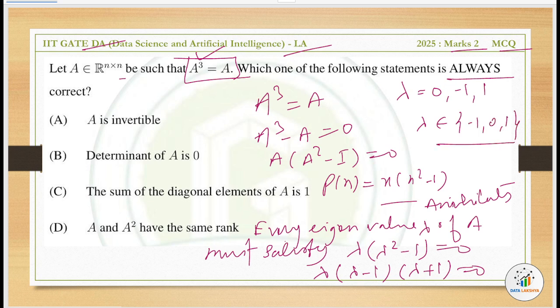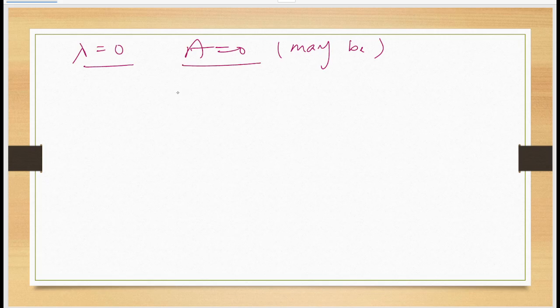Now let us check the first condition using this. If we have lambda equal to 0 as an eigenvalue, it might be that A equal to 0. So this may be a case here. If A equal to 0, then A cube equal to A, so A satisfies this equation.